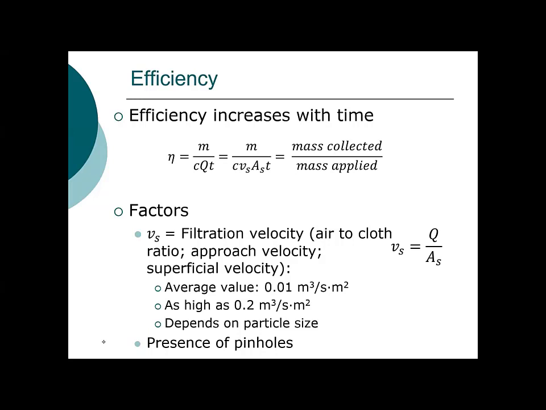So M is the mass collected, C is the concentration, V sub S is our filtration velocity. It's also referred to as the air to cloth ratio. It's referred to as an approach velocity, a superficial velocity.